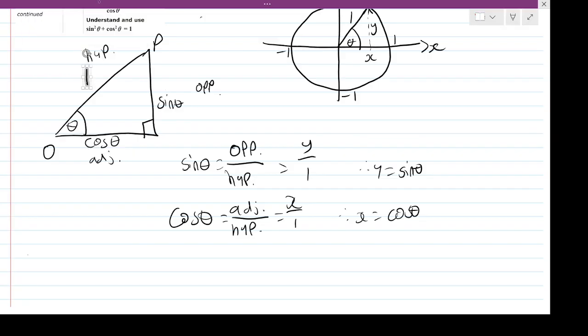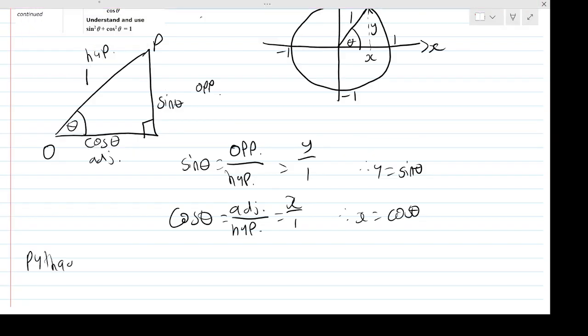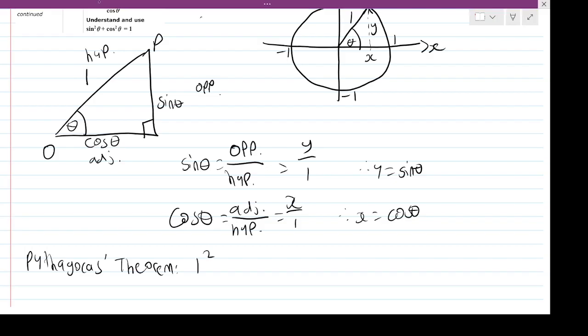Well, if I do Pythagoras' theorem, remember, as 1 is the hypotenuse, that'd be 1 squared equals the other two sides all squared. So this side, firstly, is sine theta, which is y. So that'd be sine theta squared, which we'd call sine squared theta. And then the other side is cos theta, the x, right? So then that'd be cos squared, if you square both sides.